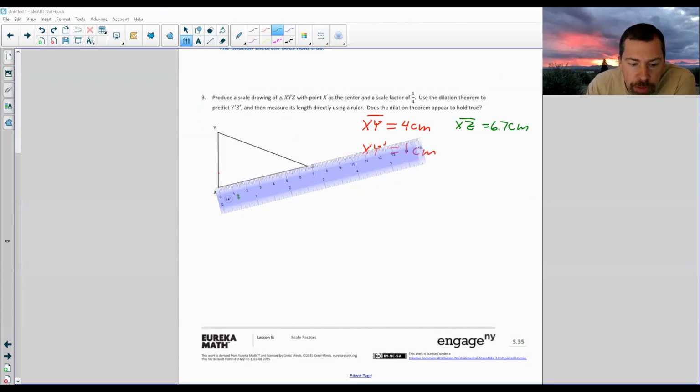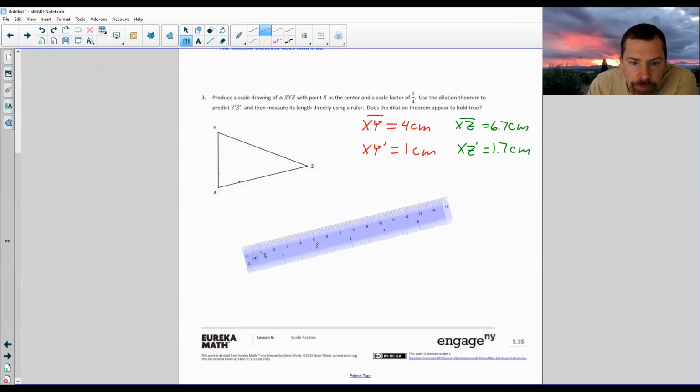And so if I take 6.7 and divide it by 4, that's going to give me 1.675. So XZ prime equals 1.7 centimeters approximately. 1.6, a little bit more right there. Let me use red right there.